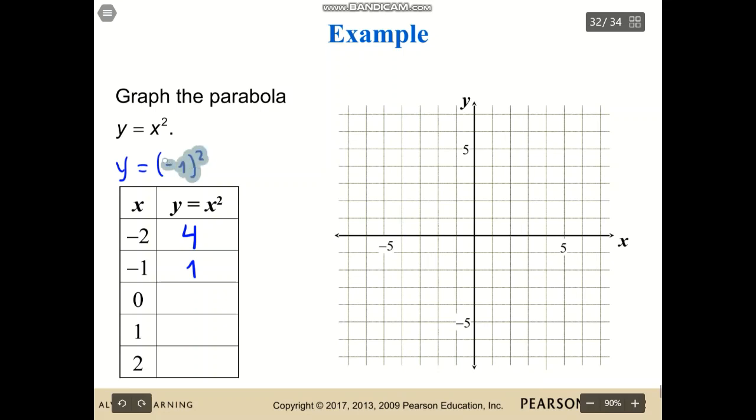Now 0, plugging in the equation, 0 squared is 0. Now 1, do the same thing, 1 squared is 1, and finally 2. 2 squared is 2 times 2, 4.